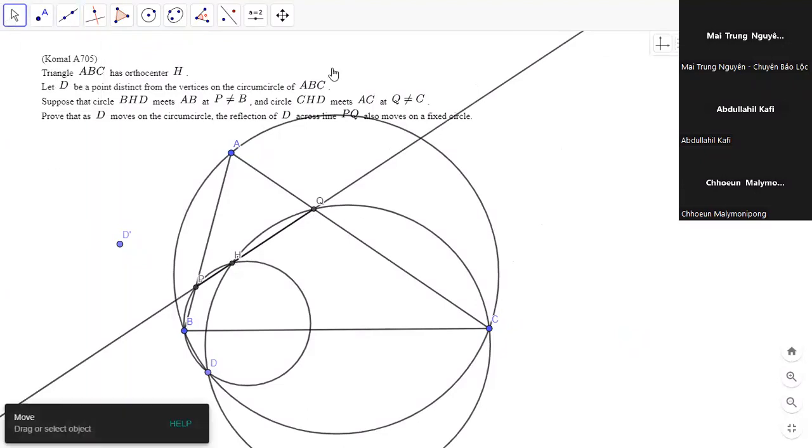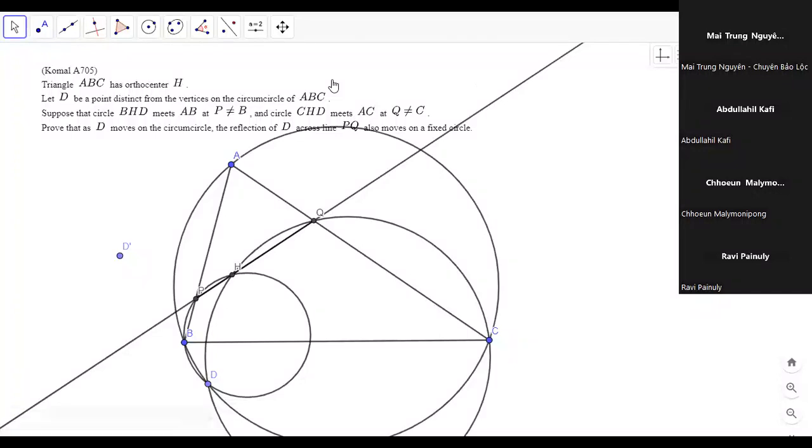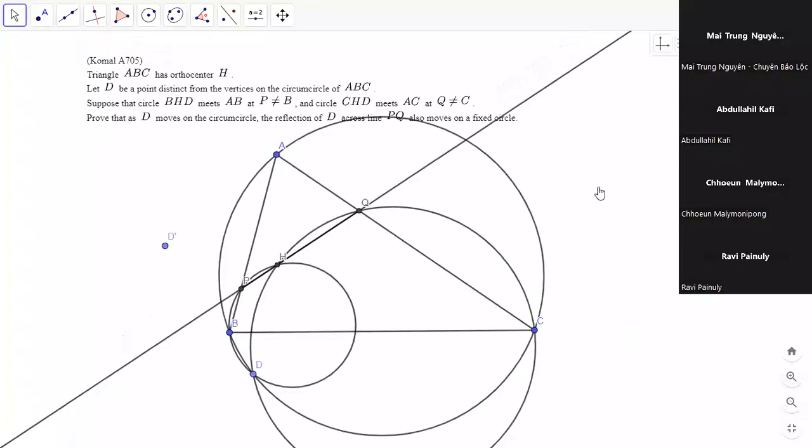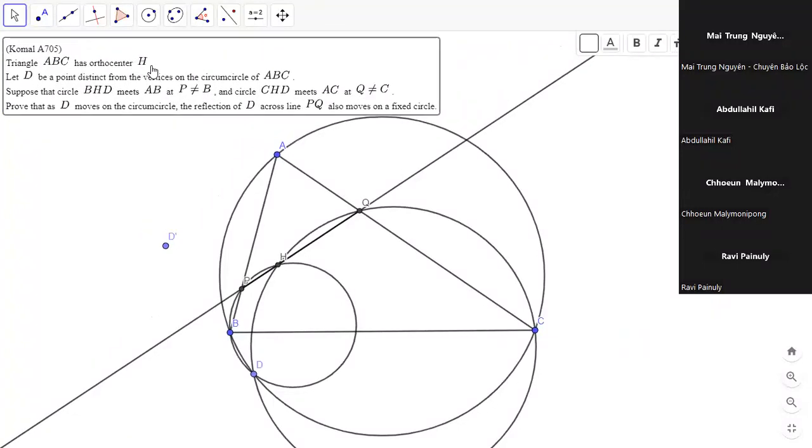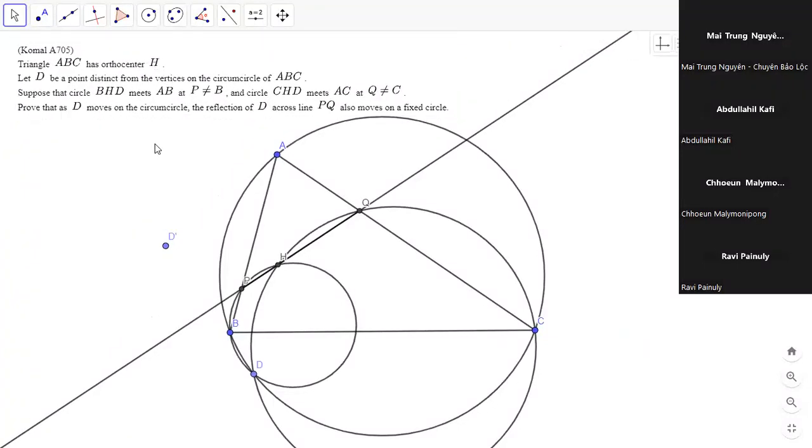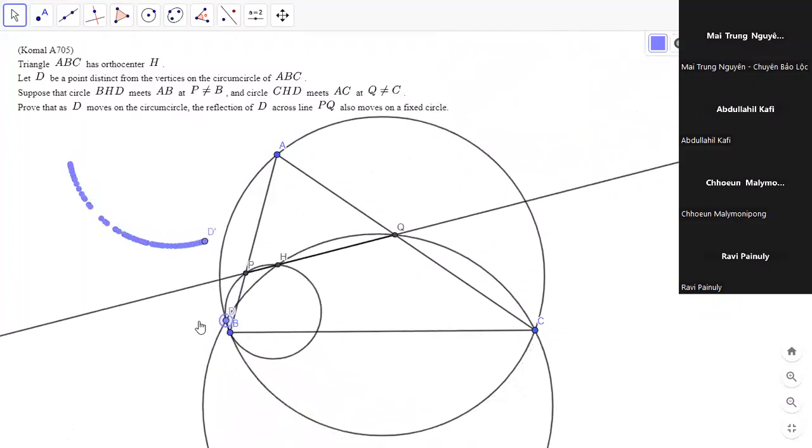So yeah, what can we say about this circle?